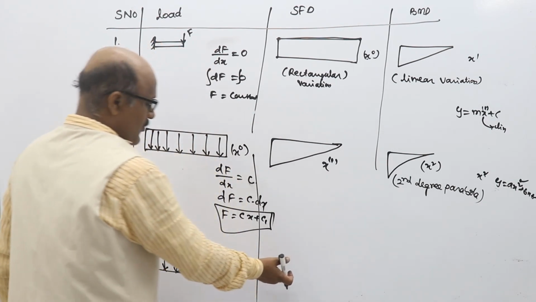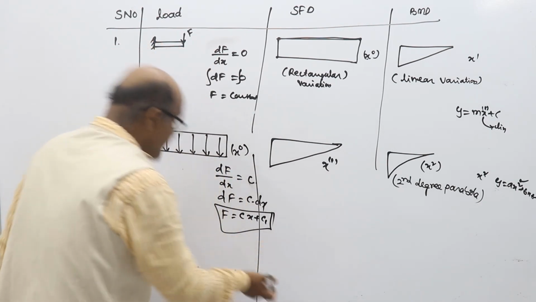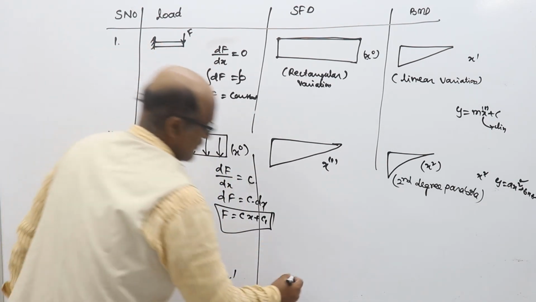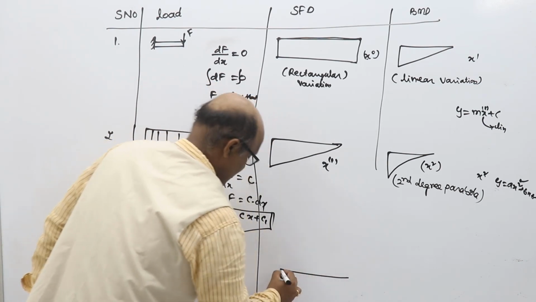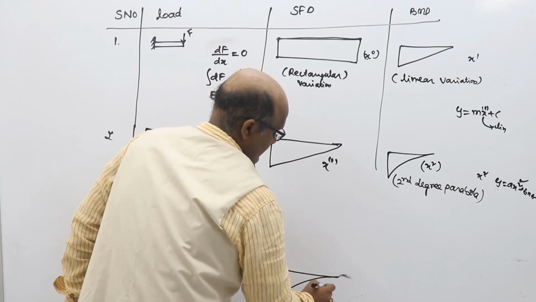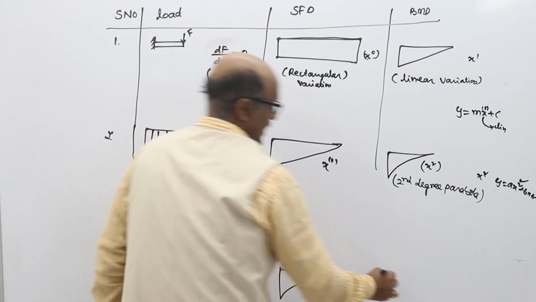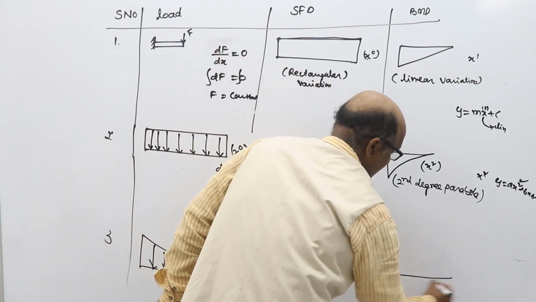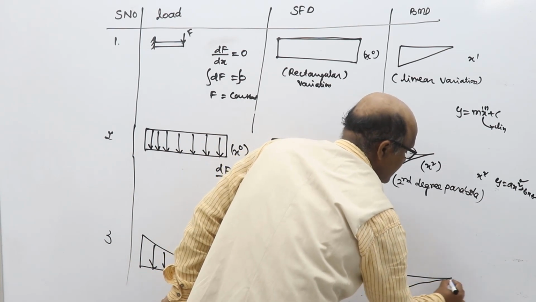So the shear force diagram is one degree more than the load diagram. Now this is a second degree parabola, x power 2 variation, and now it is x power 3 variation.